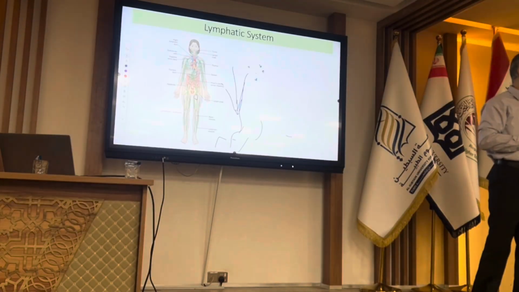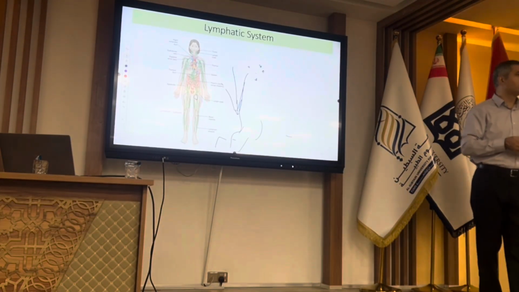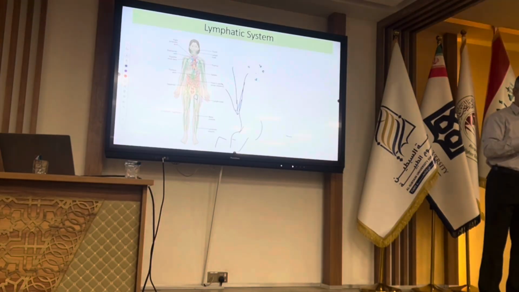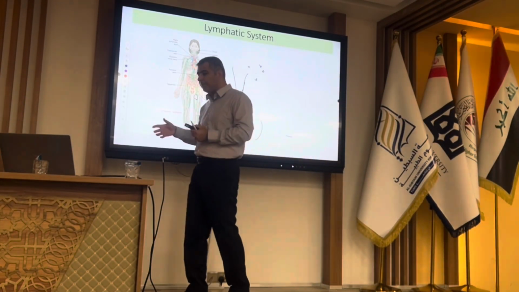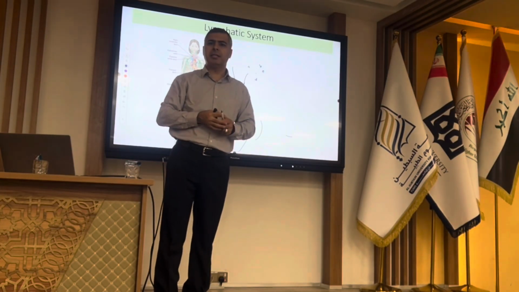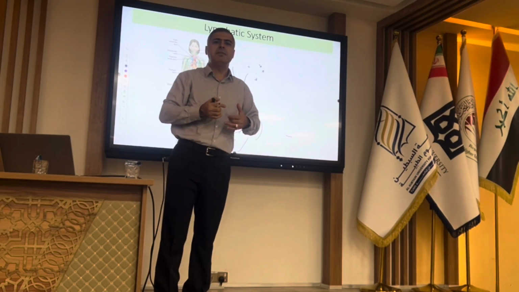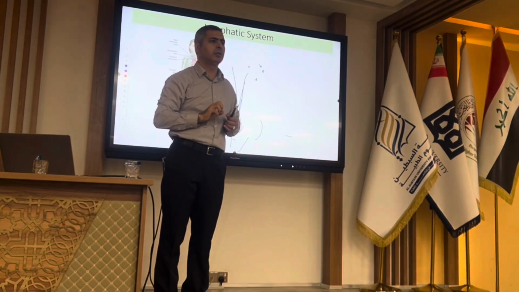To identify foreign things like microorganisms. By absorbing some part of the interstitial fluid, we are sampling the tissues to see if there is any antigen or not.